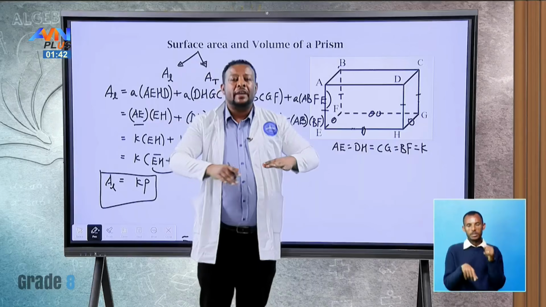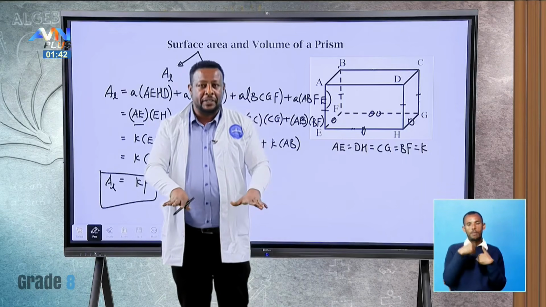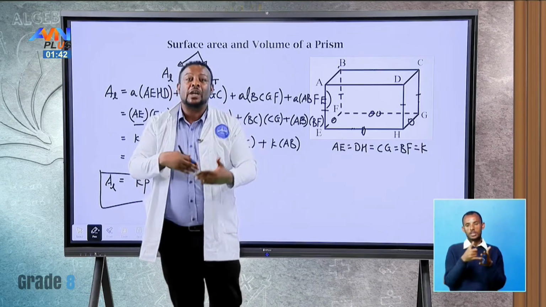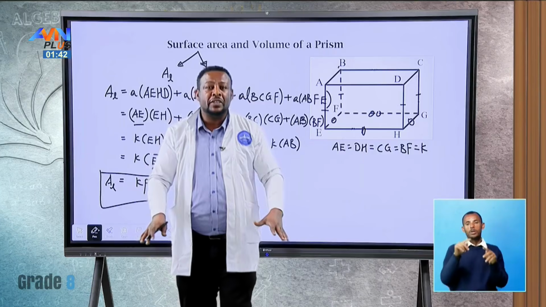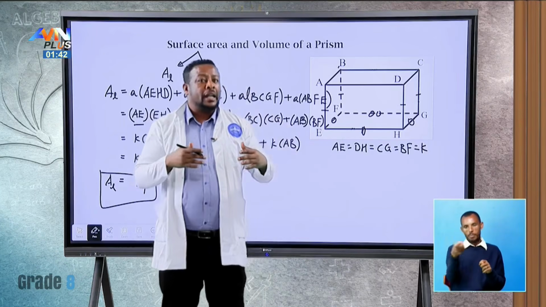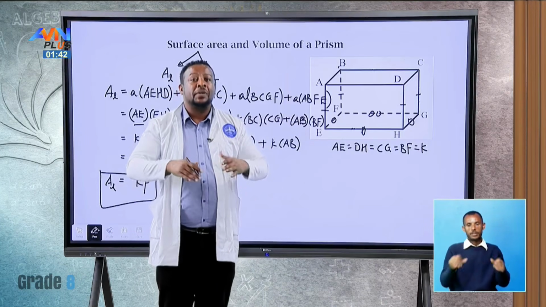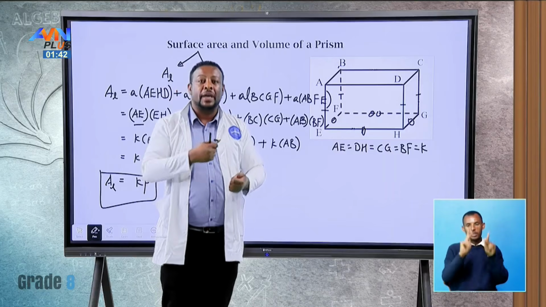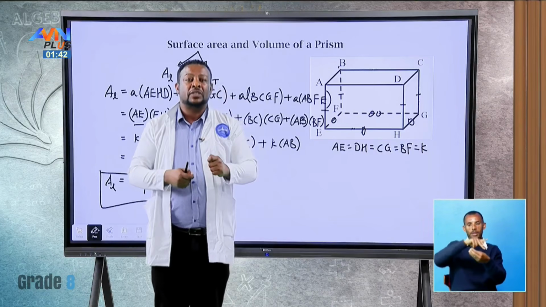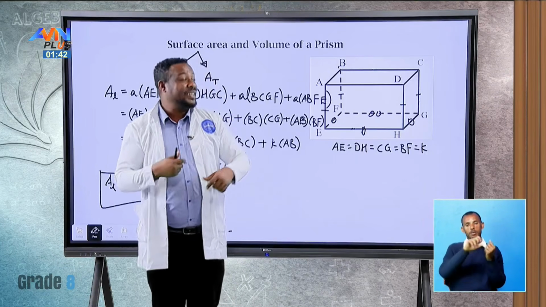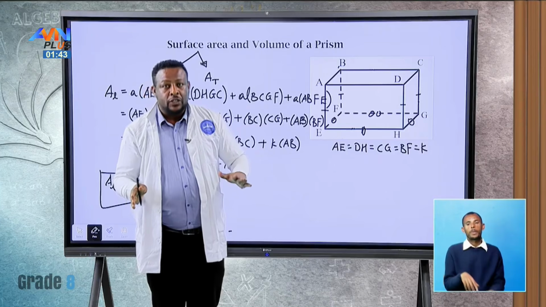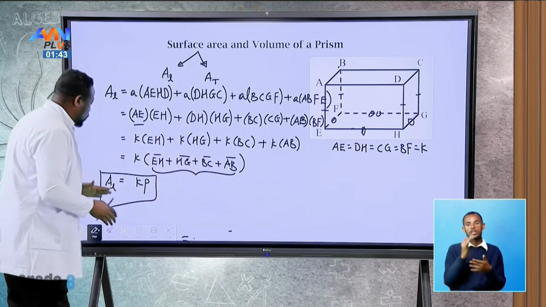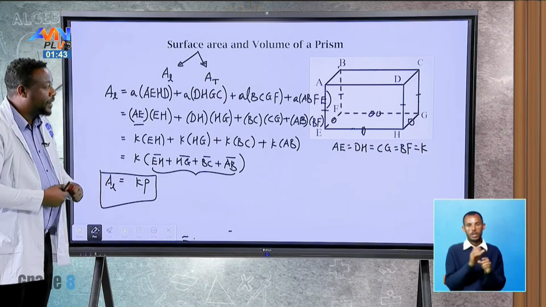Whenever you have any prism, whether it is a rectangular prism or a triangular prism, the lateral surface area of any prism is the product of the perimeter of the base times the lateral edge. This is the formula that we use to calculate the lateral surface area.